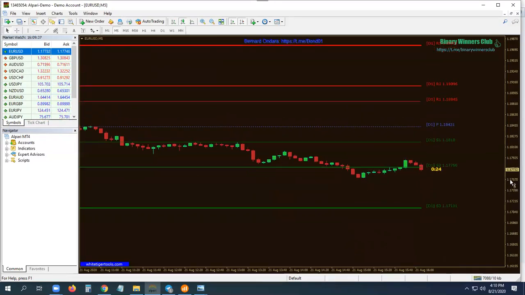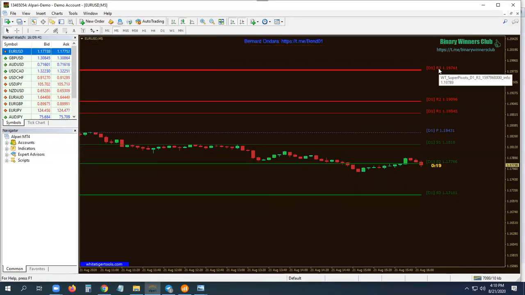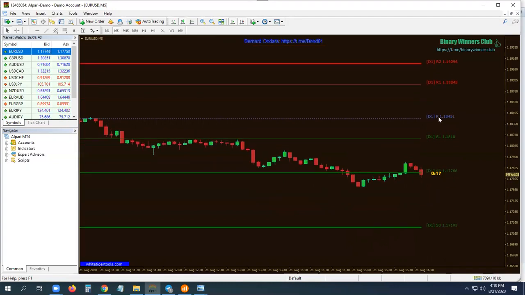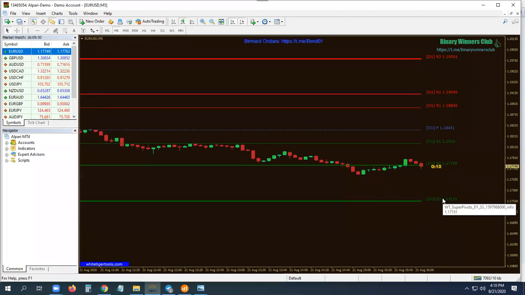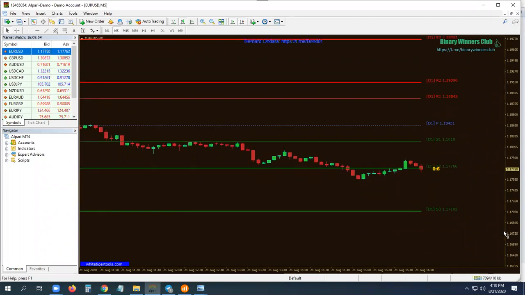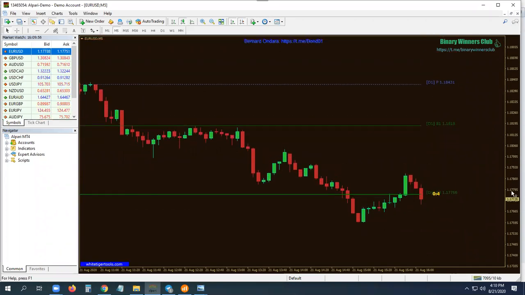Now, if I move up, we have resistance 1, resistance 2, resistance 3. If I move down from the pivot point, we have support 1, support 2, and support 3. So automatically, you have several levels, 7 levels at least on your chart that you can trade with.